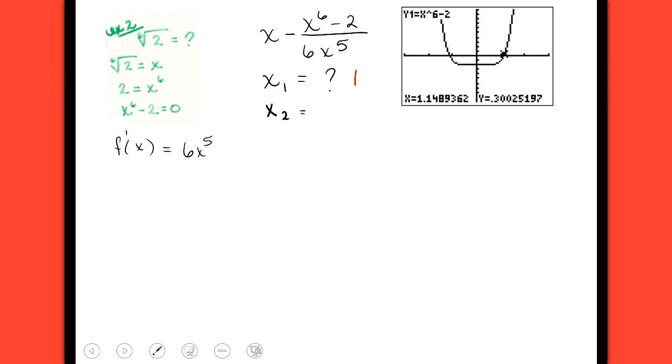All right, so then to find my second approximation, we're going to go through and do x minus x to the 6th minus 2 over 6x to the 5th. So let me go grab my calculator and put that in.